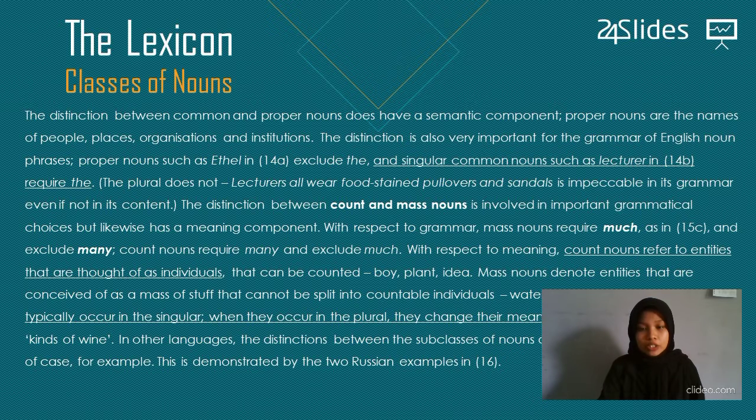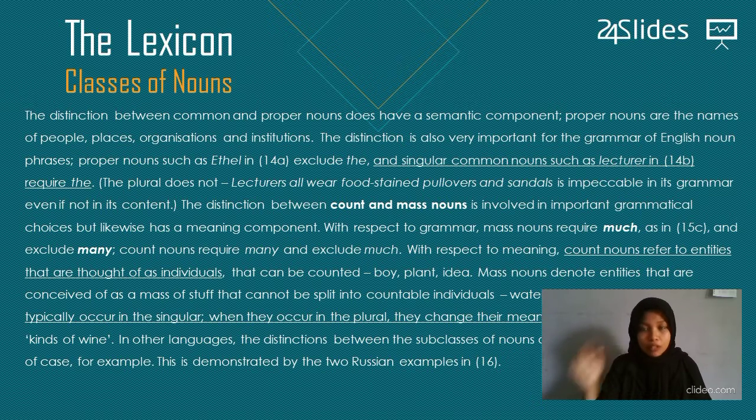Kemudian the distinction between count and mass noun, as we say that countable noun and uncountable noun. Kalau countable noun itu tidak membutuhkan much, tapi dia membutuhkan many yang bisa dihitung. Namun apabila mass noun itu dia membutuhkan much untuk sesuatu yang banyak. Dan count noun itu refer to entities that are thought of as individuals.